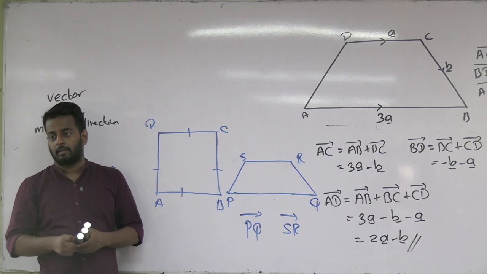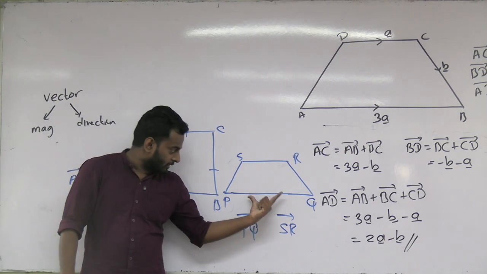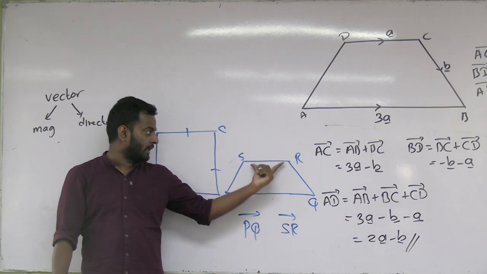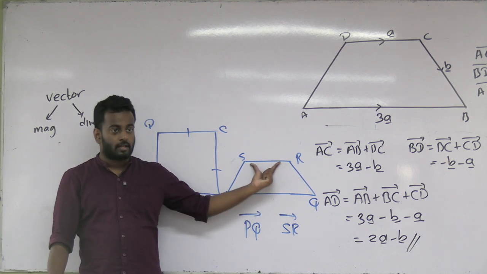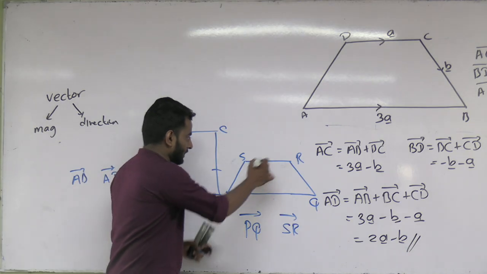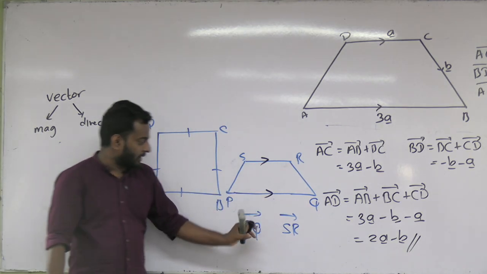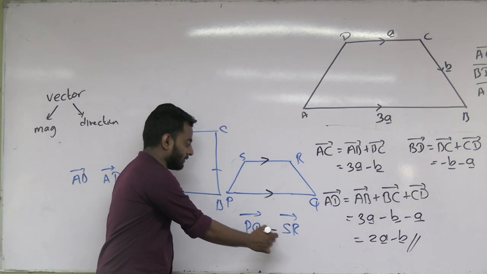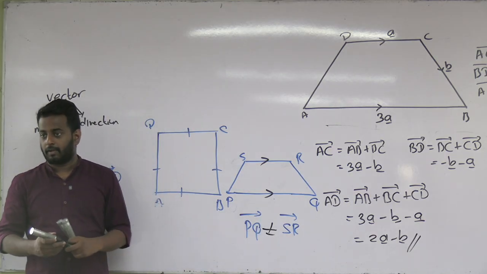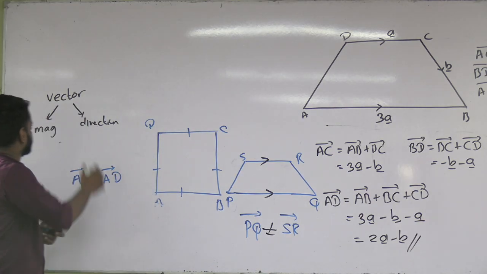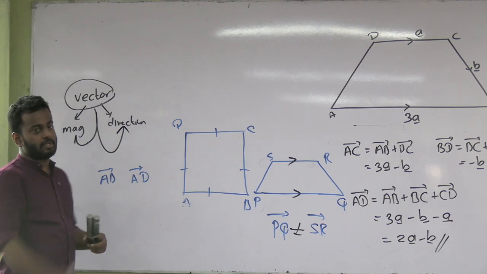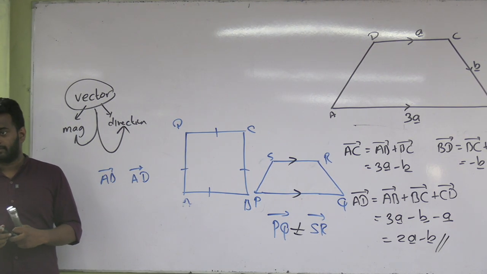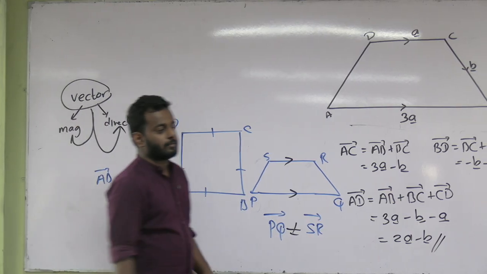Because the length of the line PQ is much greater than the length of the line SR. So the magnitude of PQ is greater than SR. Even though their directions are the same, their magnitudes are not equal, which means the two vectors are not equal. Fine, right? So the condition for two vectors to be equal is that both their magnitude and direction must be equal. Fine.